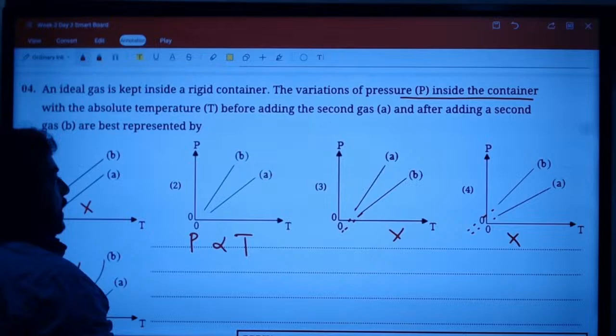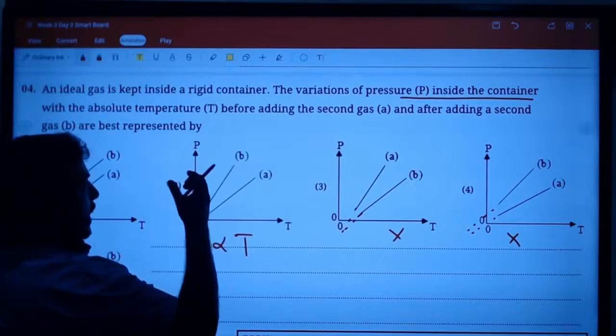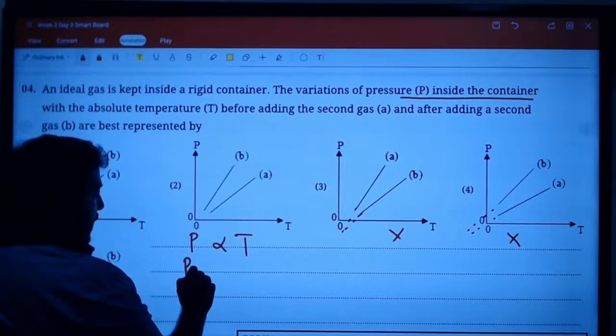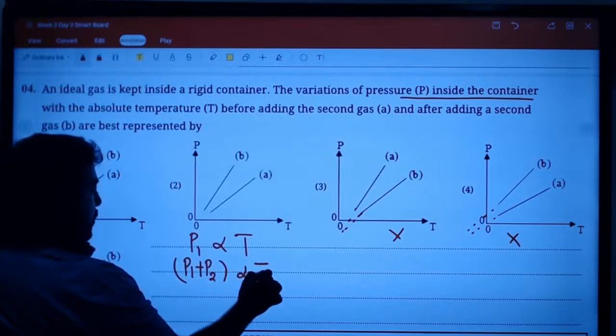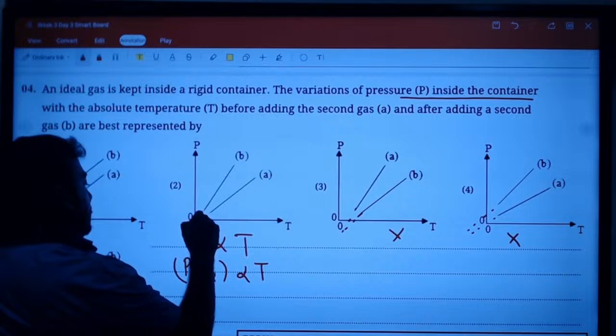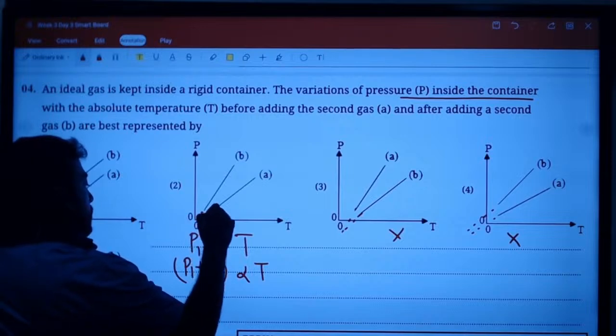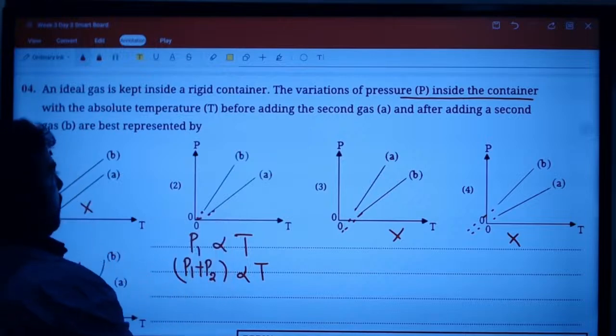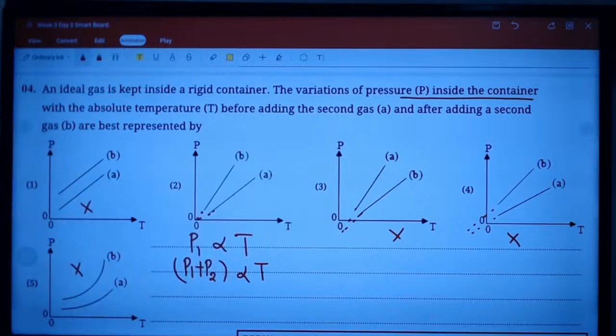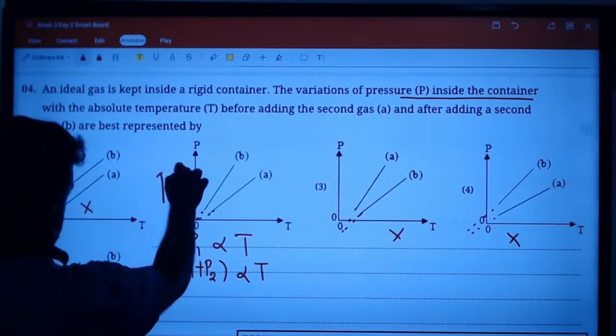Now in the second situation, two gases. So the total pressure here is P1 plus P2. That is proportional to absolute temperature. This will also go through the origin. Both will go through the origin. So most suitable answer is answer number 2.